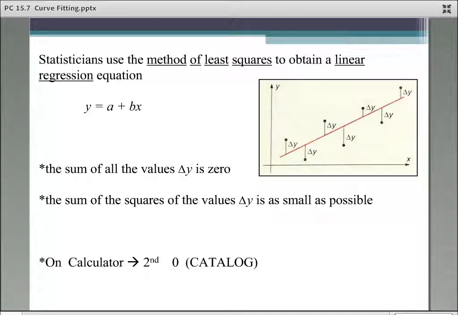On your calculator, you want to hit the second button, and then the 0. Right above the 0 in blue writing is catalog, and that's what we want to bring up. Then scroll down to the D's.